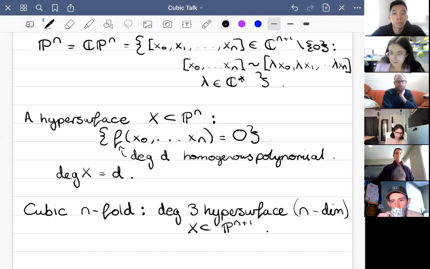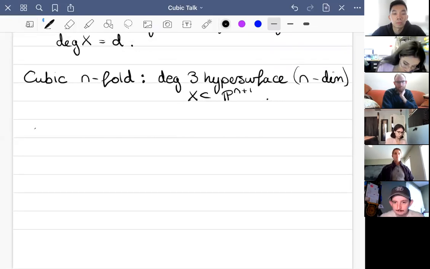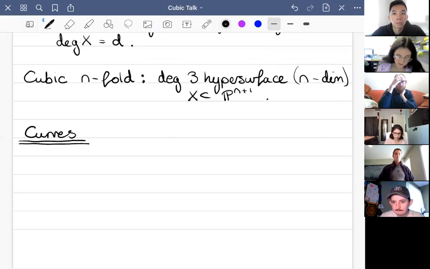All right, good. Let's start by discussing curves. If we're interested in plane curves, what I really mean is hypersurfaces of the projective plane, P2.